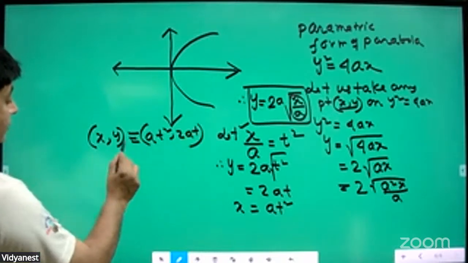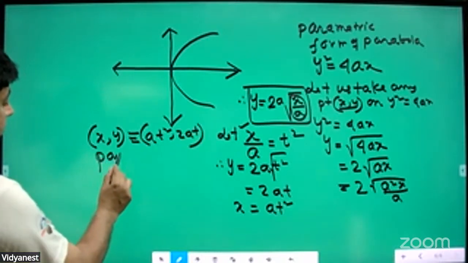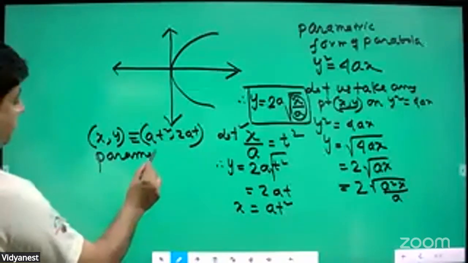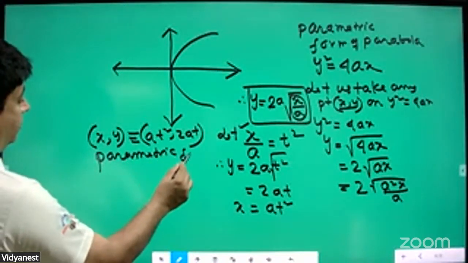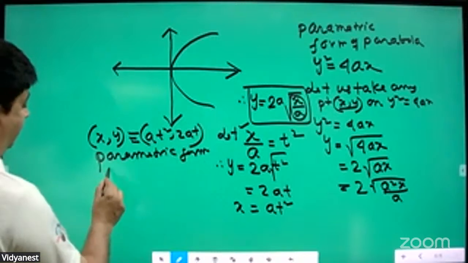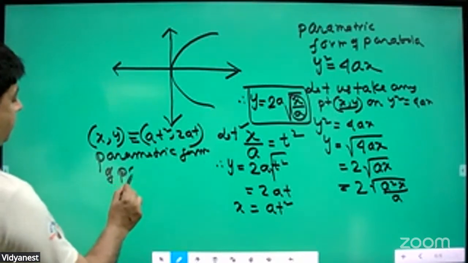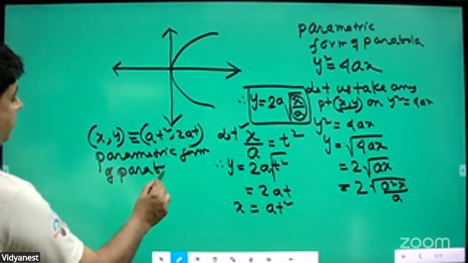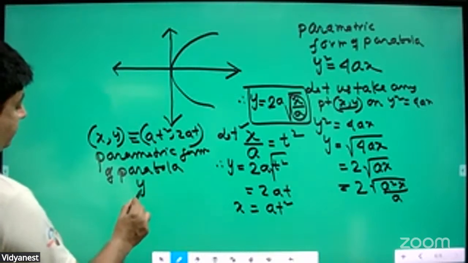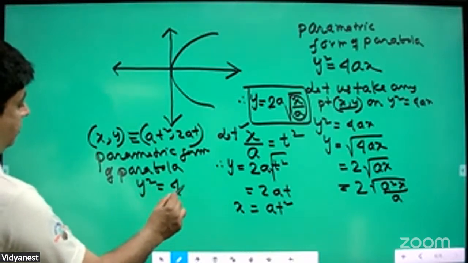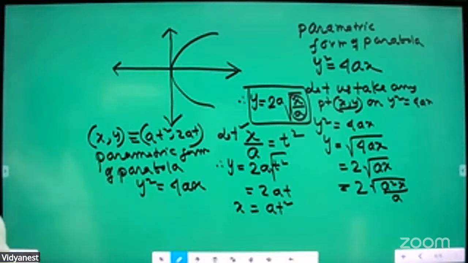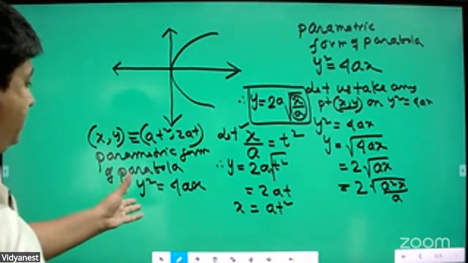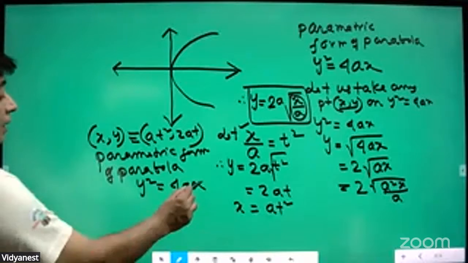That is the parametric form of the parabola y square is equal to 4ax, where t is the parameter.